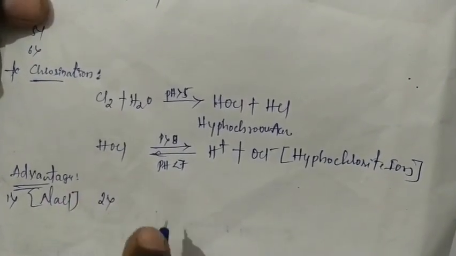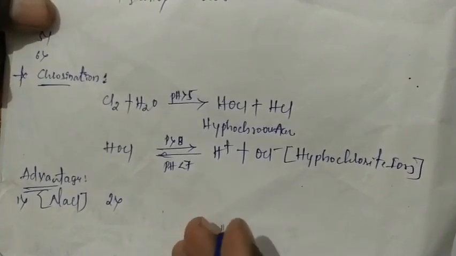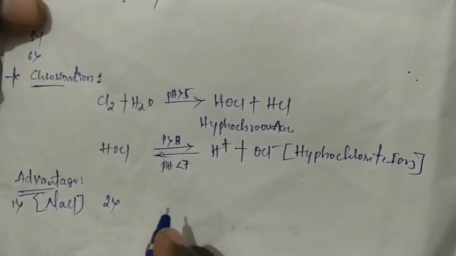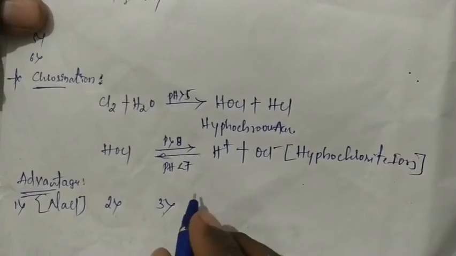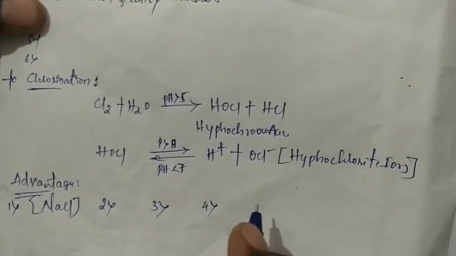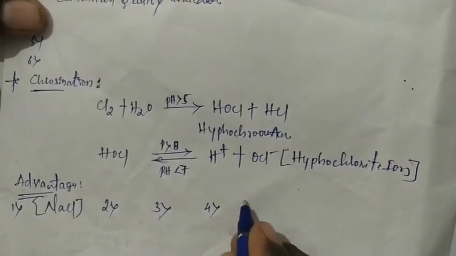Second, it is a powerful oxidant, that is an oxidizing agent, and it also penetrates the cell wall of organisms. Third, the dosage can be controlled precisely. Fourth, it can be easily detected by a simple orthotolidine test.